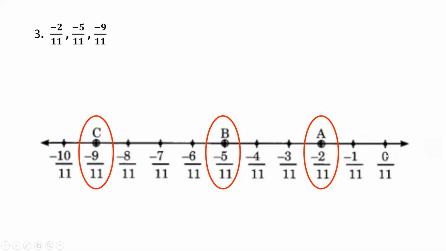So starting from 0, -1, -2, -3, -4 and so on, the second mark or the second point will be representing -2 upon 11. Same way, fifth mark will be representing -5 upon 11, and ninth mark will be representing -9 upon 11.